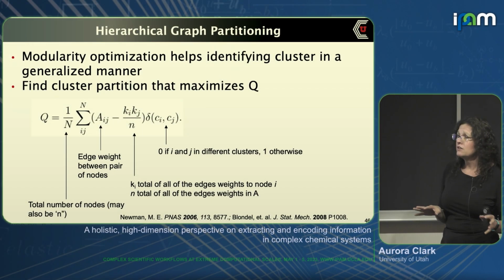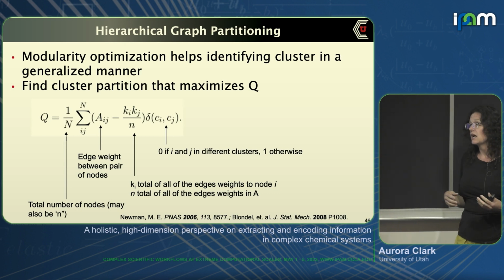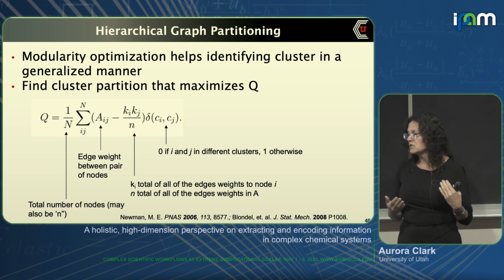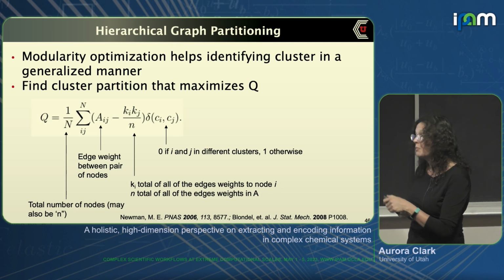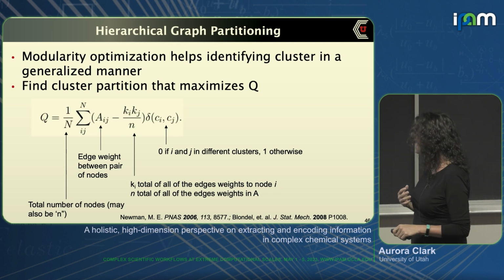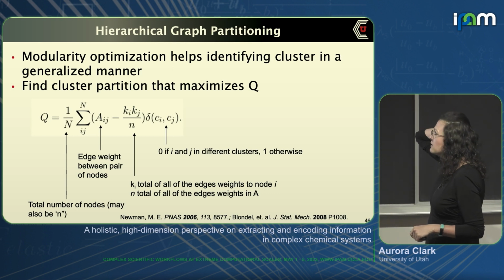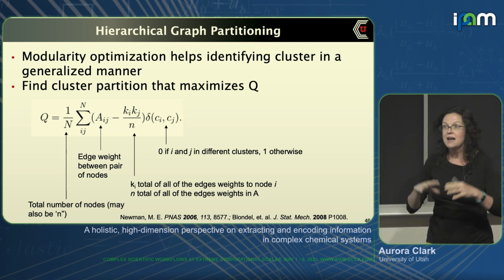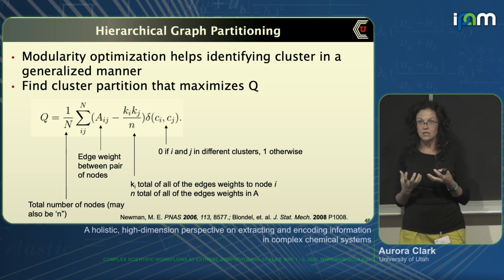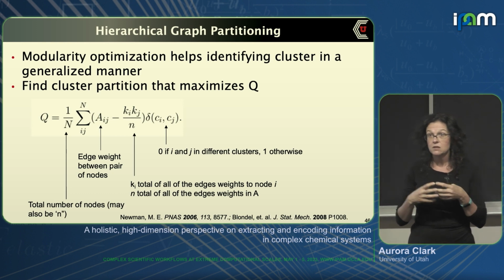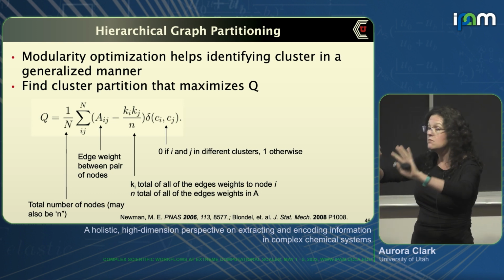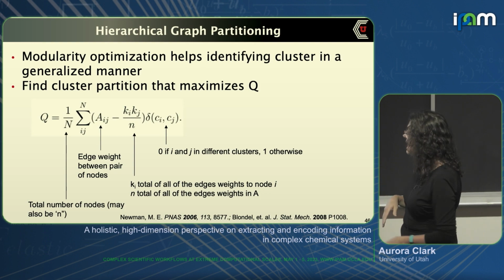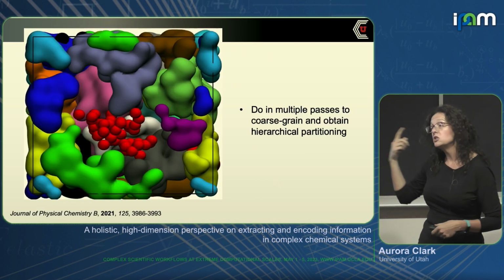Modularity optimization is a pretty nice tool that dates back a ways, but the computationally efficient algorithms came out about 2008. Basically, you're doing a cluster partitioning that is maximizing the internal connectivity of a community within this very large graph and minimizing the external connectivity that community has. And you can do it in multiple passes.